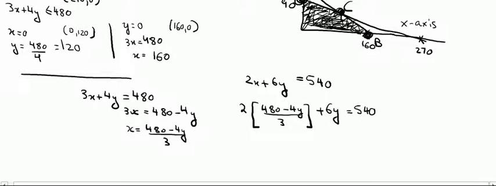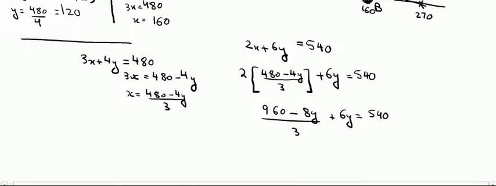2 into 480 is 960, minus 4 into 2 is 8y, divided by 3, plus 6y equals 540. Multiplying all the terms by 3, we will have 960 minus 8y plus 6 into 3 is 18y equals 540 into 3, which is 1620.